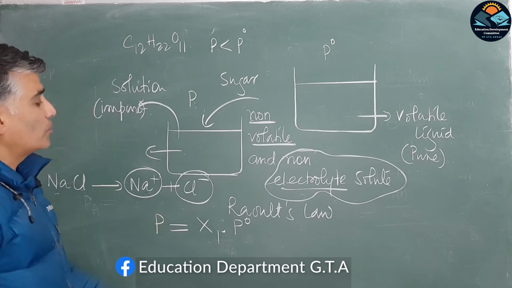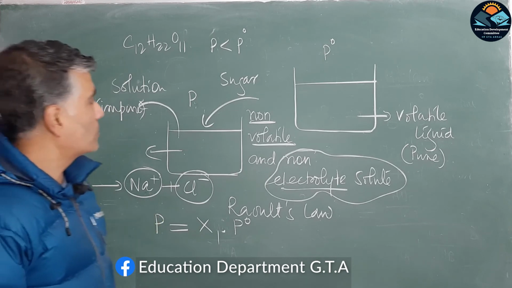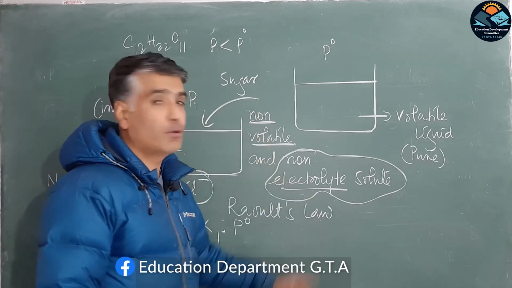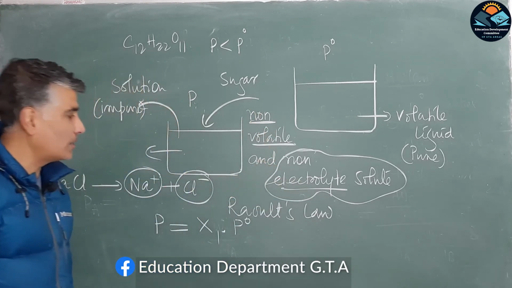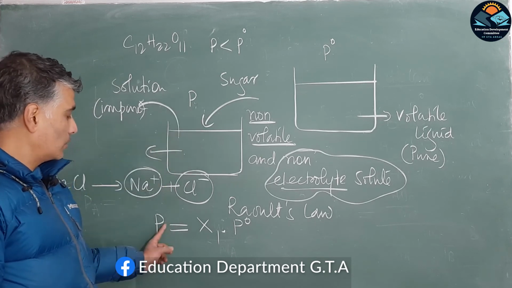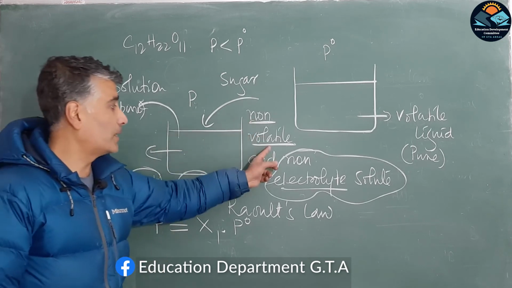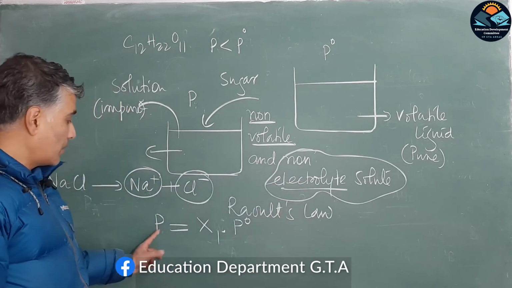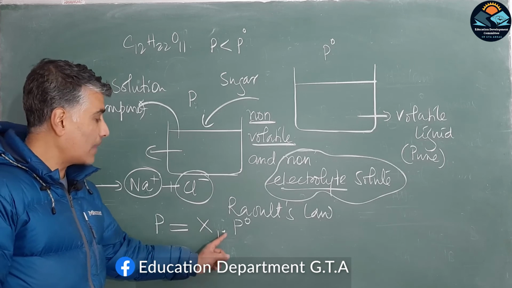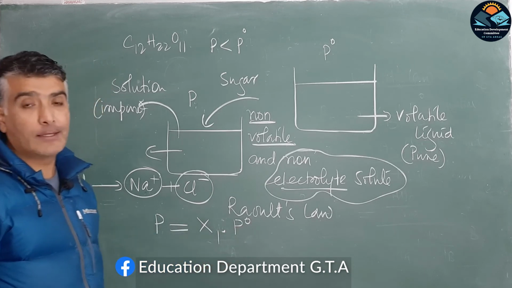So this is going to be the second Raoult's law on the vapor pressure of the solution containing non-volatile and non-electrolyte solute. So how do you state this Raoult's law? You can say that the vapor pressure of the solution containing non-volatile, non-electrolyte solute is given by the product of the mole fraction of the solvent and the vapor pressure of the pure solvent at the same temperature.